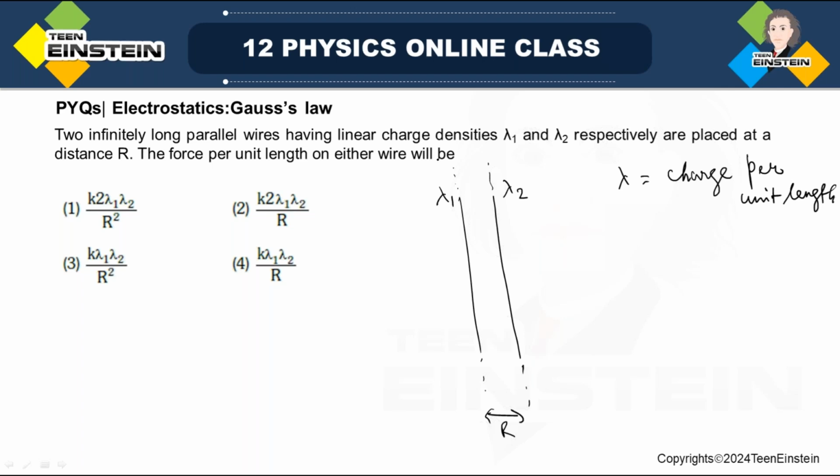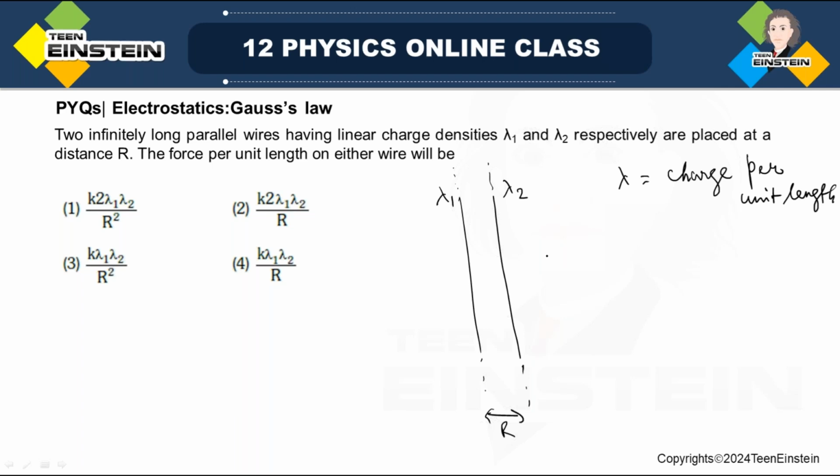Now the question is, if these two wires are situated side by side and both of them have charges, what will be the force acting on either of these wires?